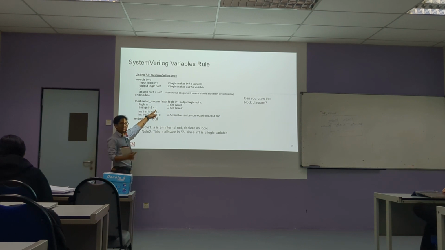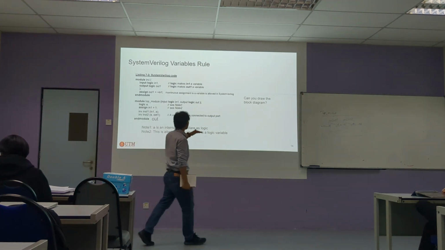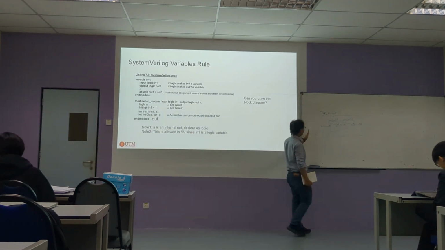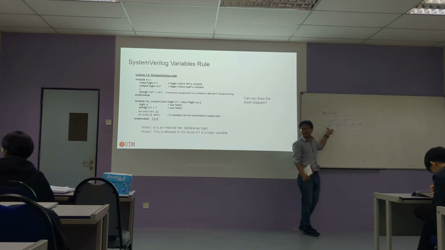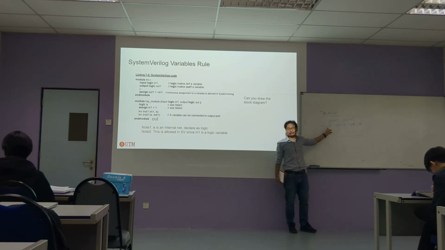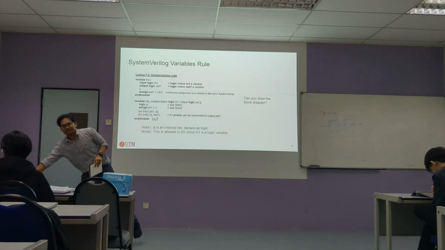Can you assign the value to the input or not? That's a bit strange, because in-one is supposed to be coming from outside, but you are forcing this to be equal to 1. Assign in-one equals to 1. That's a bit strange.